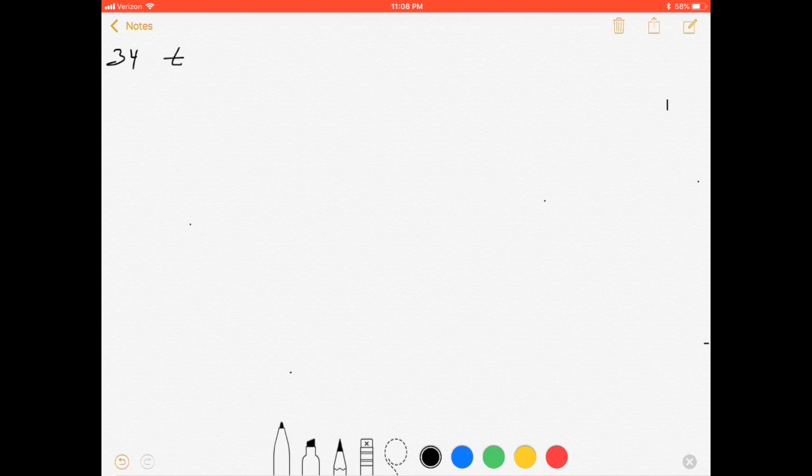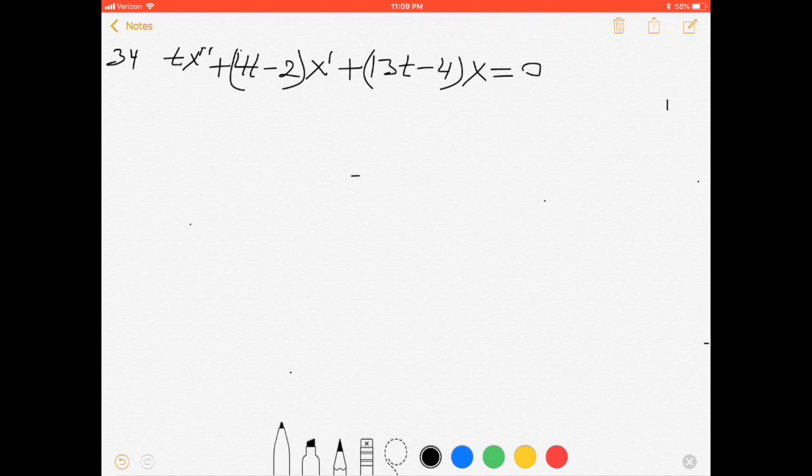Here we have cx second plus 4c minus 2 times x to the first plus 13c minus 4 to the x equals 0, and here we have same value your function is 0.